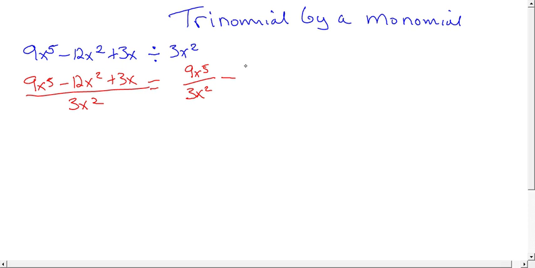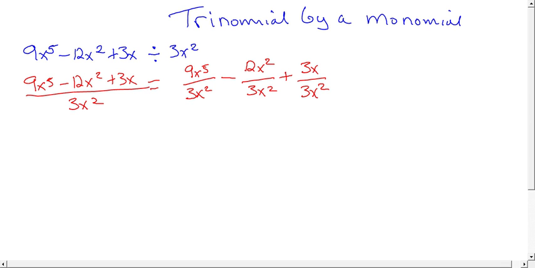We're not going to change anything there, and that's going to be 12x squared divided by 3x squared. There's a plus sign. We're going to put our plus sign there, and we'll have 3x divided by 3x squared.